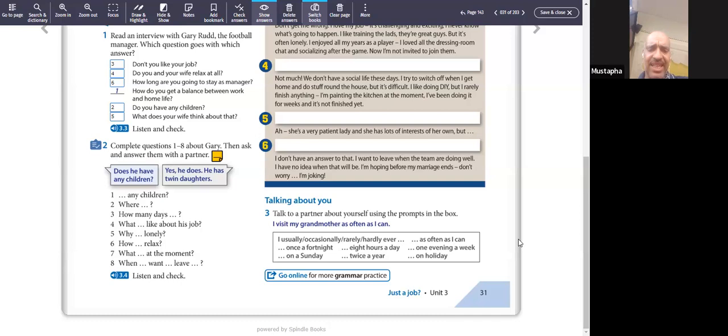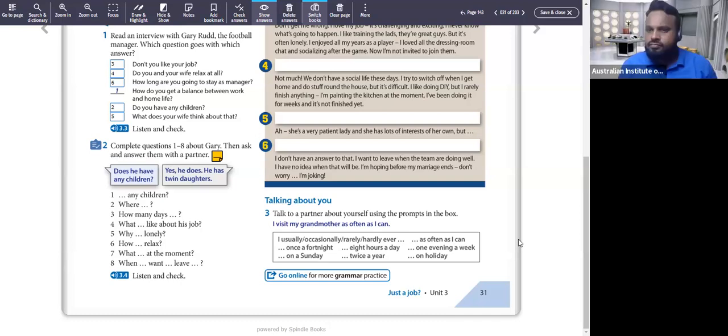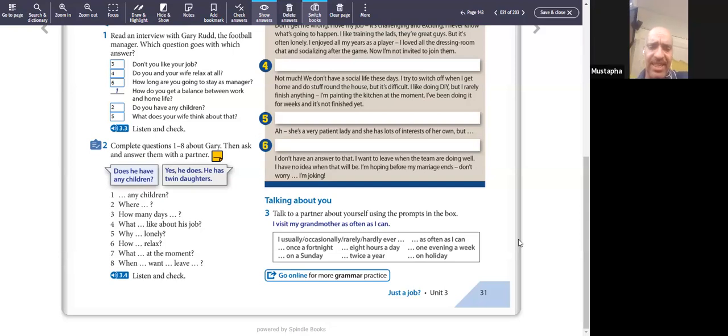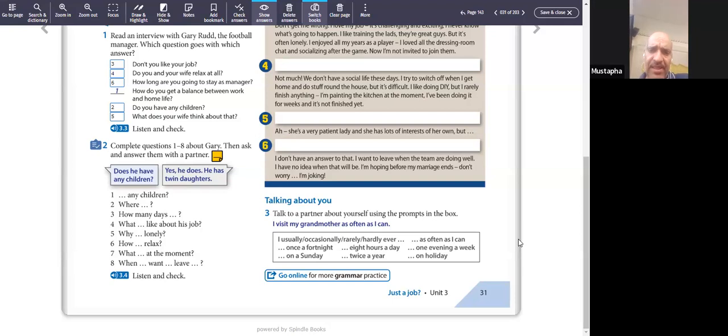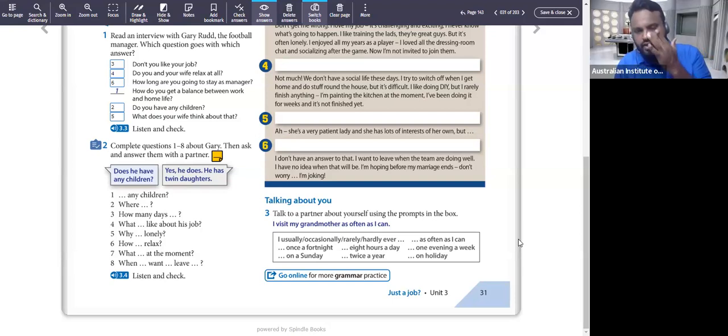Hardly, it's like rarely. The meaning of hardly is like rarely. Are rarely and hardly the same? No, slightly different. Rarely means you do, but not that much, a bit less.